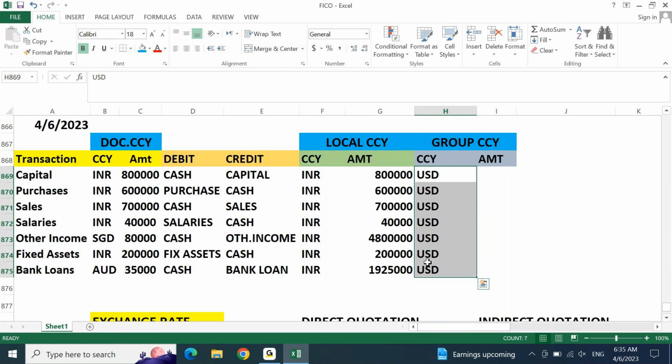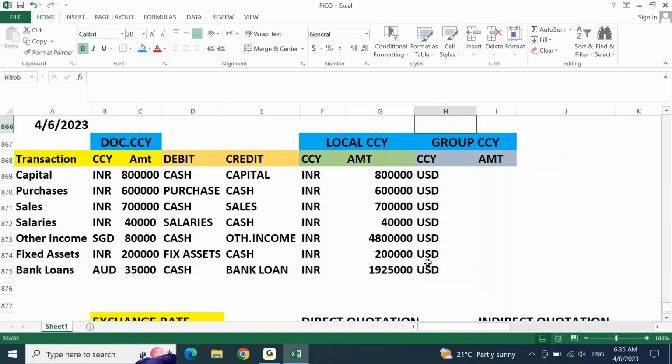Everybody will tell 80, 75, 76 with that number only. Which means you have to understand that exchange rate is always represented in foreign currency terminology, and you have to put this in a proper way according to the combination that you are converting. If you are converting from local currency to foreign currency, the way you calculate is different. If you are converting from foreign currency to local currency, the way you calculate is different. In this case, the exchange rate is 80 rupees.